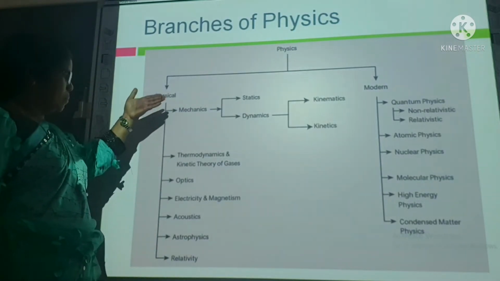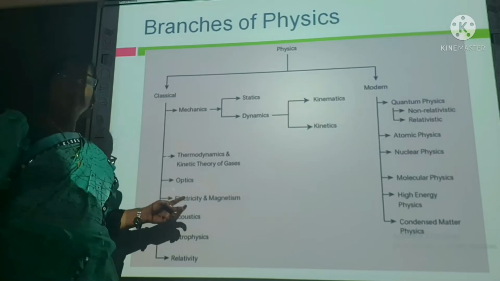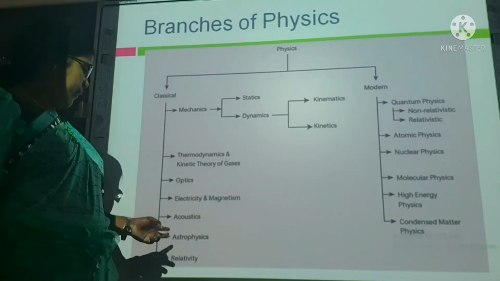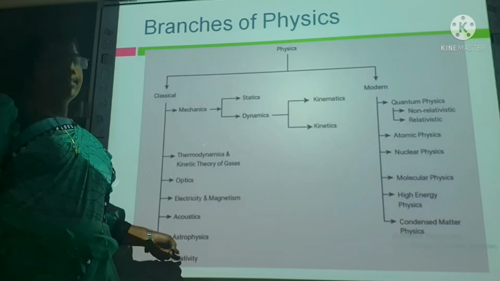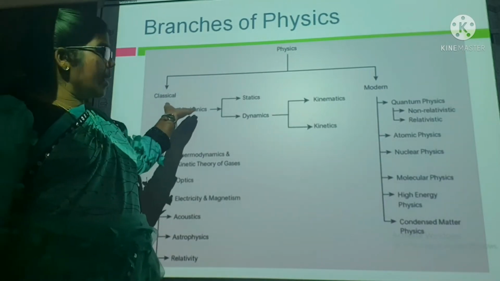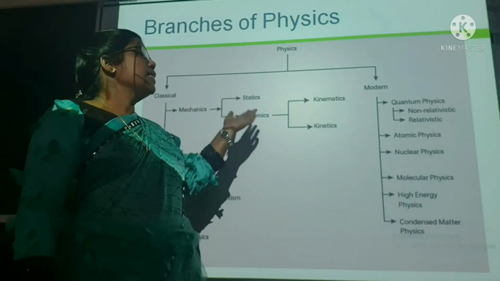In classical physics: mechanics, thermodynamics and kinetic theory of gases, optics, electricity and magnetism, acoustics, astrophysics, relativity, etc. are given. Even mechanics has subdivisions, statics and dynamics.